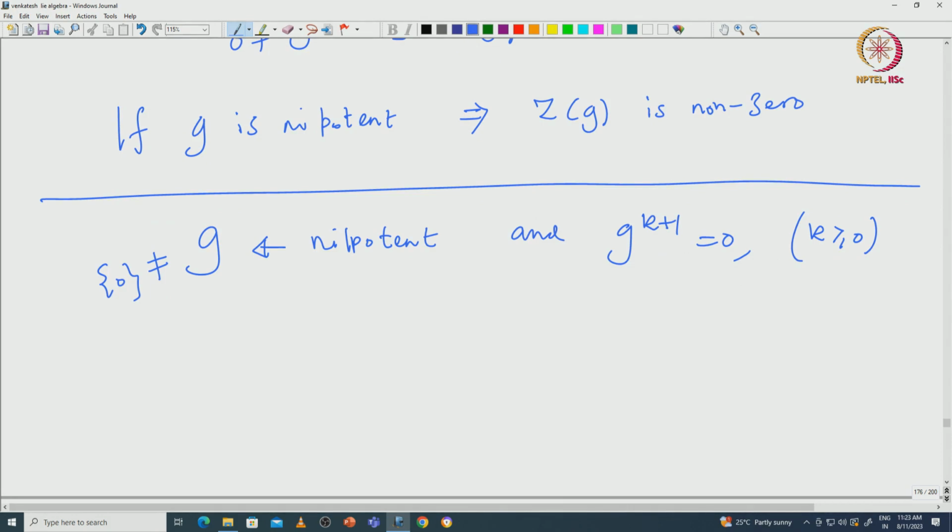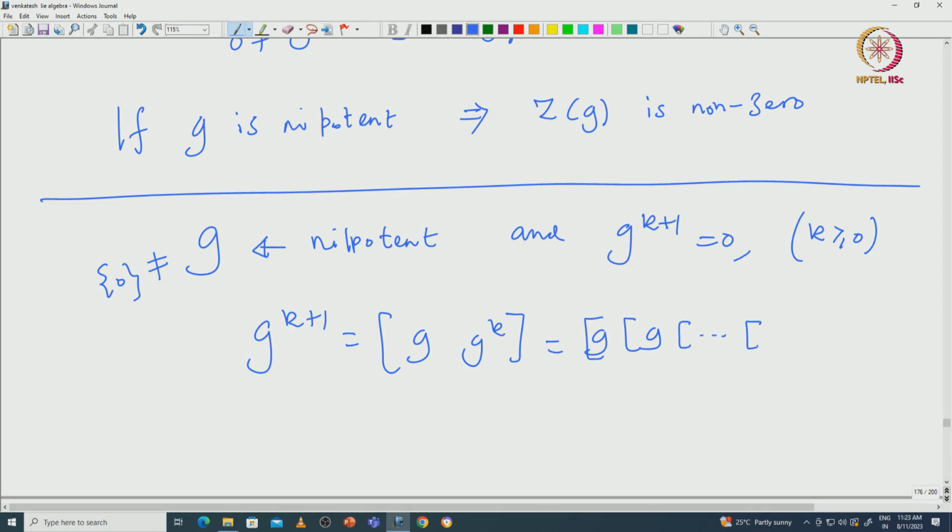Okay. So, now if you write down the definition of this G^(k+1), this is by definition the bracket of G with G^k. Then if you unravel again, this is just the bracket of G with G and so on.